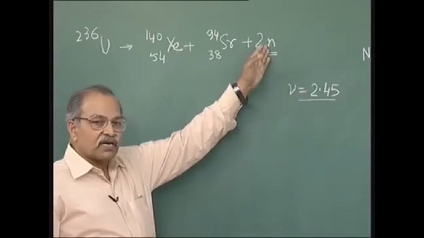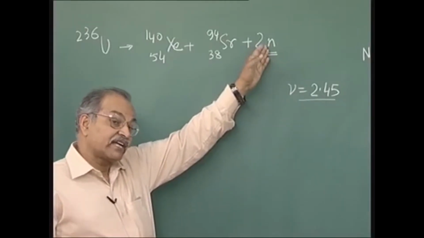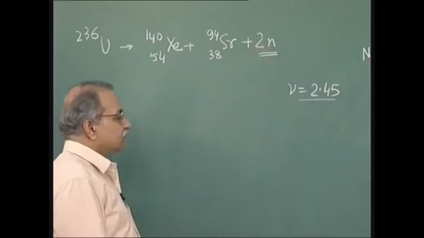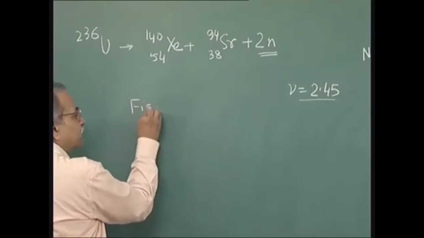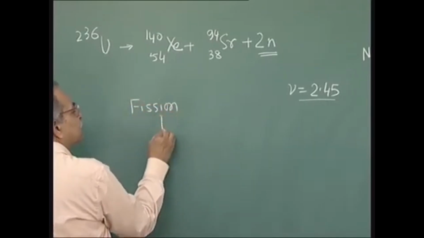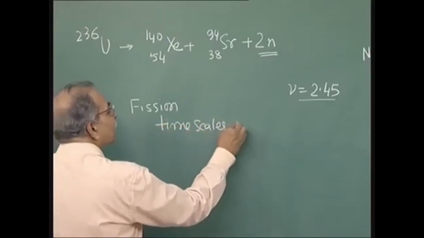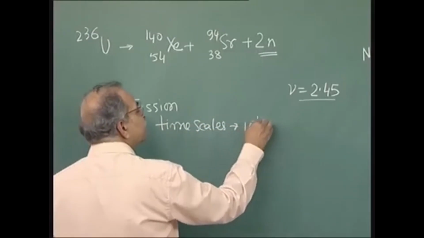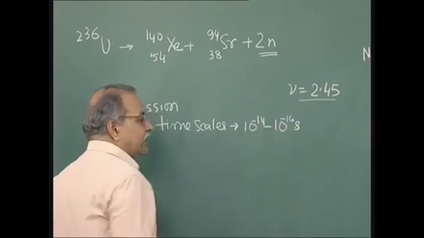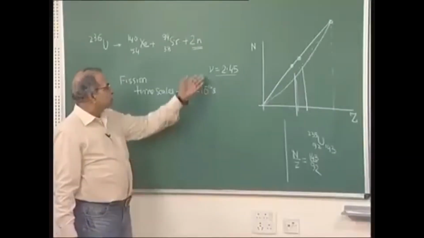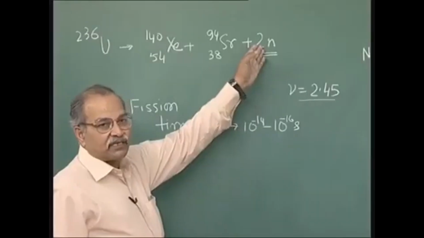So, these neutrons are emitted because of that neutron excess in the fragments, and these are just immediately after the fission. The fission time scales are something like 10 to the power minus 14 to 10 to the power minus 16 seconds, and as fission takes place, almost together these neutrons are coming out.